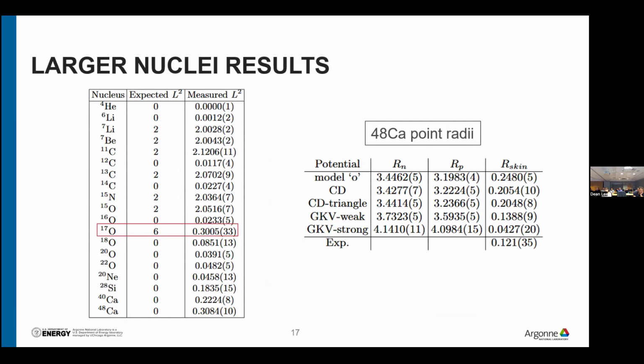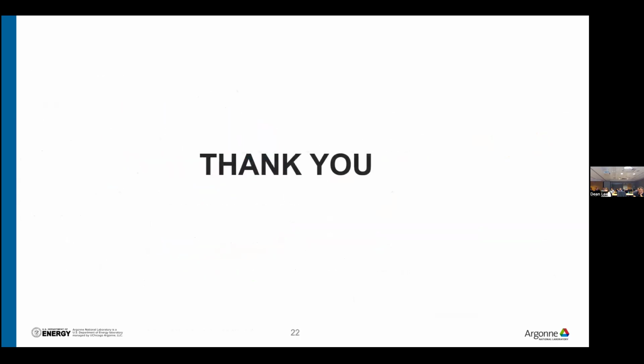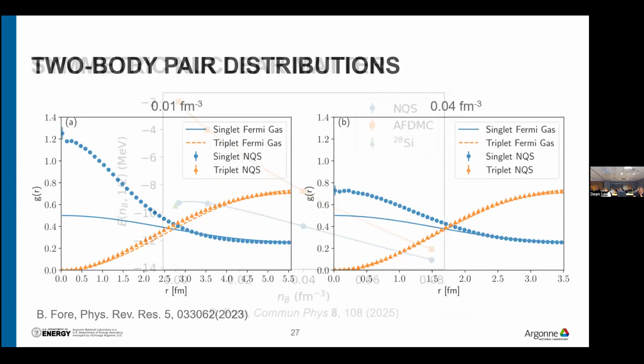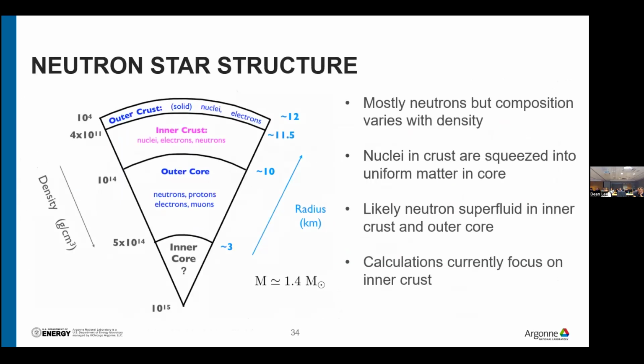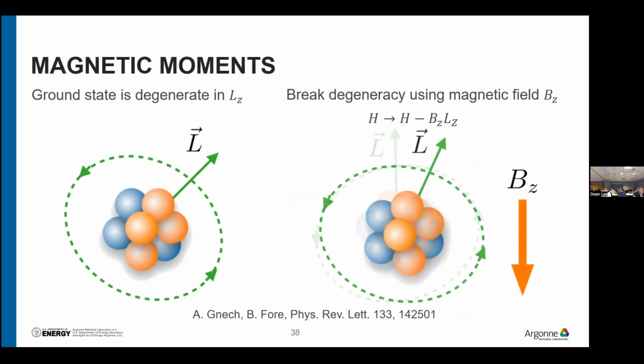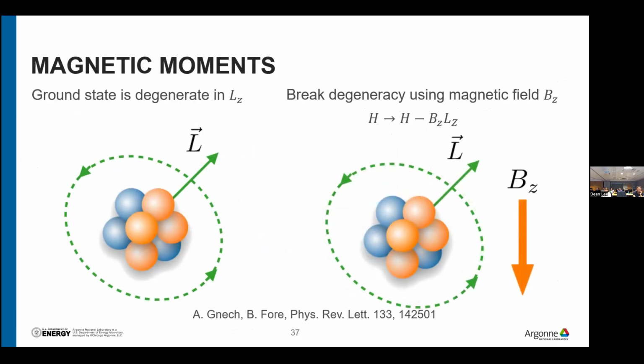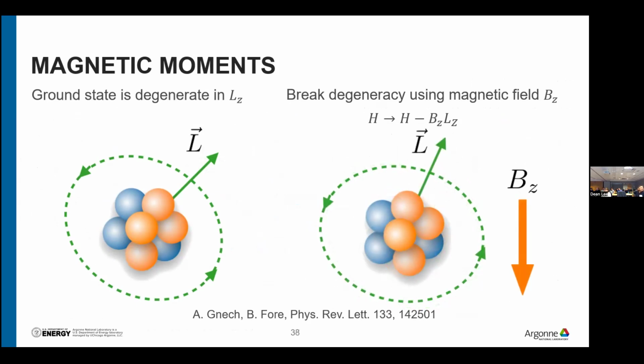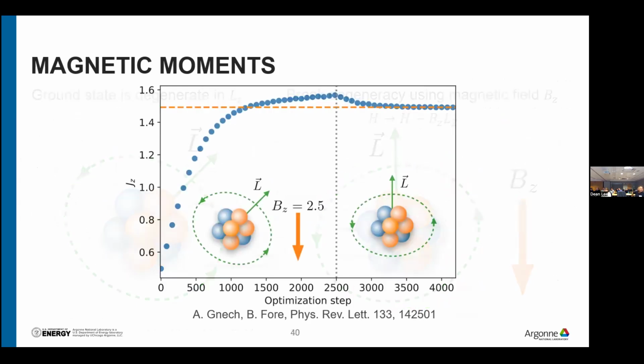We have a paper fairly recently. Let's see, hold on, got a bunch of slides. There we go. We can add in something like a magnetic field or a coupling to elsewhere, let that break the symmetry and then turn it back off at the end, essentially.